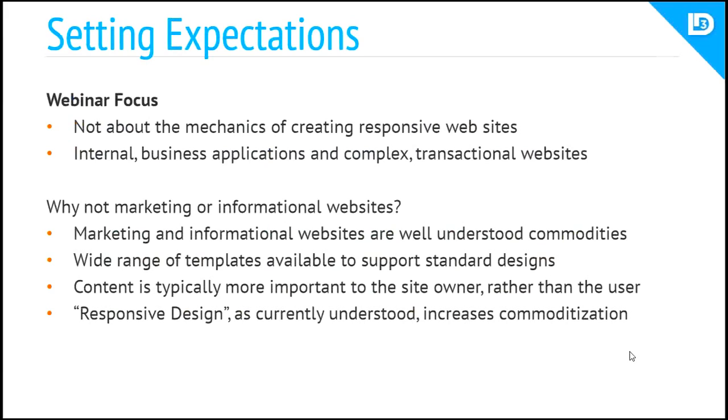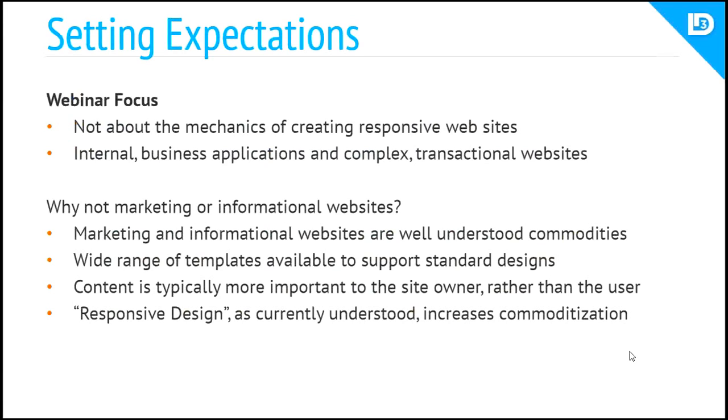No offense, but marketing and informational websites are fairly well understood nowadays, to the point where they are becoming commodities. There are a wide range of templates available that you can use to support the display of these sites on a number of different hardware platforms that span quite a variety of standard designs.